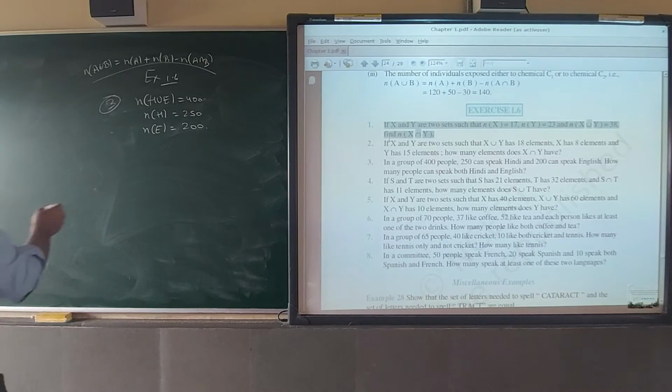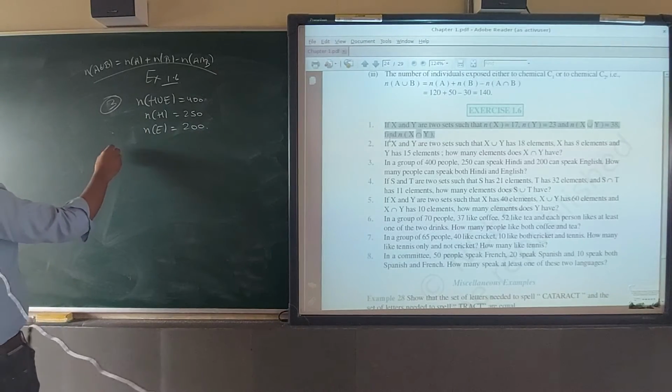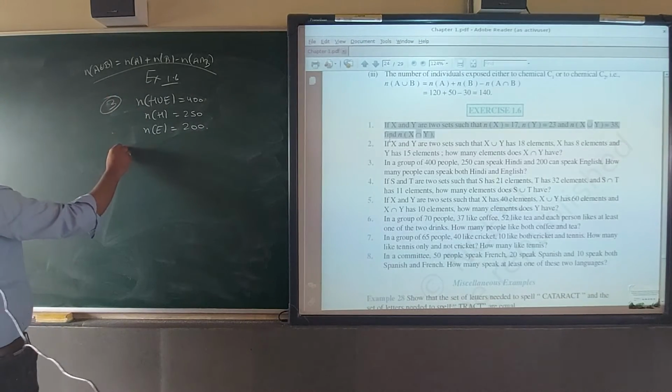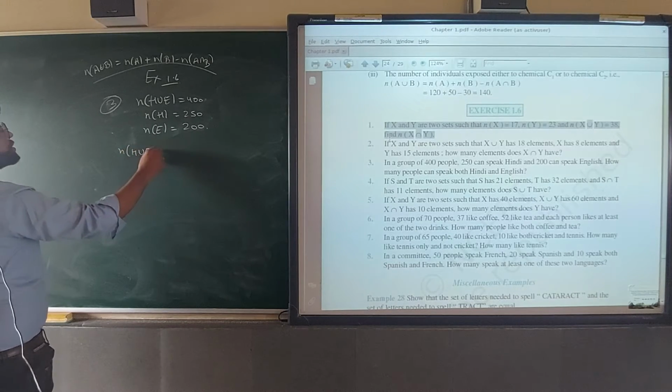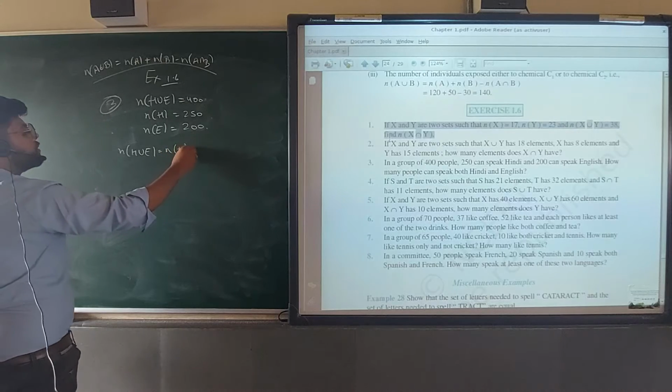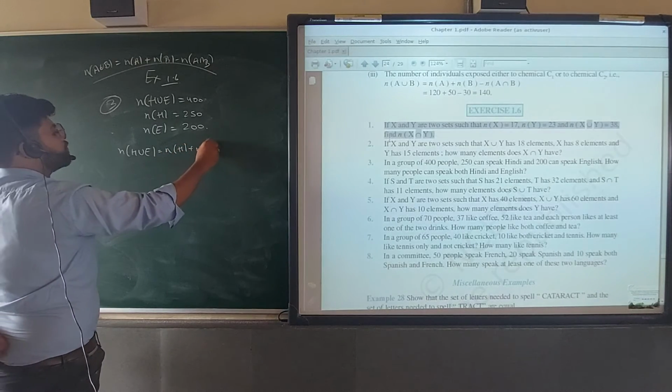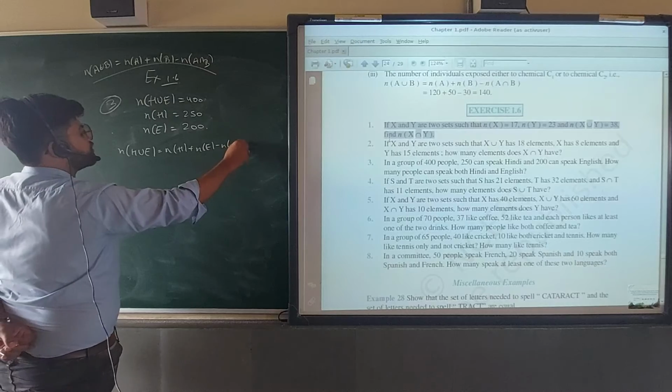Now we have to find those who can speak both, meaning the intersection. n(H union E) is equal to n(H) plus n(E) minus n(H intersection E).